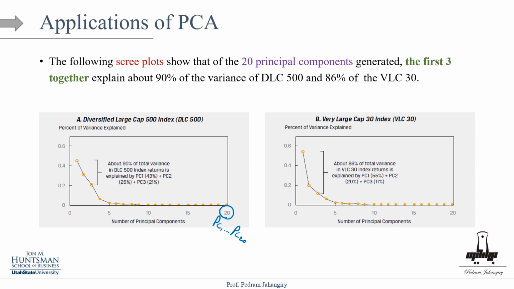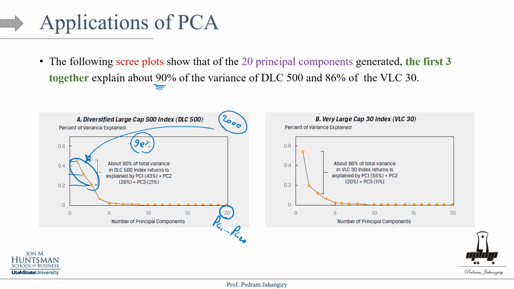What percentage of the variance is explained by the first component, second component, etc.? As you can see, the first one is 45%, the second one is 30-something percent, the third one is 20%. The first 3 components are explaining almost 90% of the variance. Just bear with me. We go from 2,000 dimensions to only 3 now, and you're explaining 90% of the variation in the dataset. This is excellent news, right?